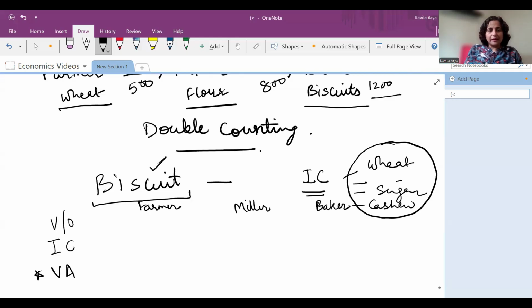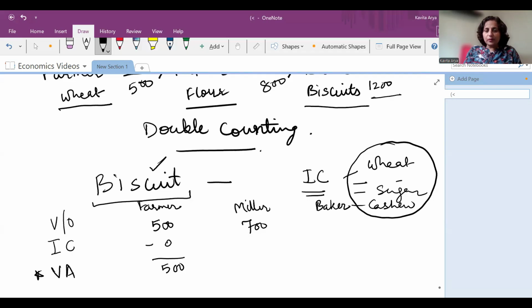So what happens? Farmer created wheat worth rupees 500. There was no IC. So what is the value added by him? That is value of output minus IC. So we subtract this and we get 500. Because farmer sold the things to miller and miller created the worth of 700.